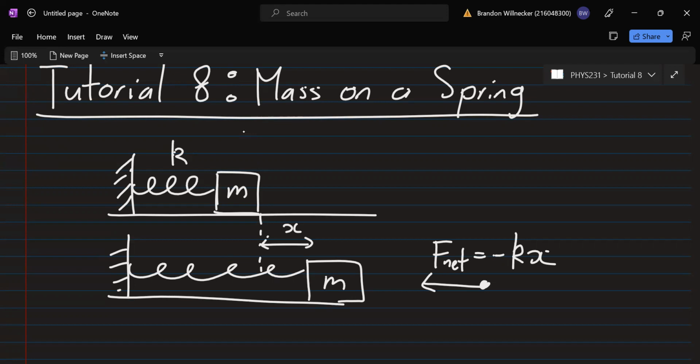So if we displace this mass to the right, like we're doing here, then the net force will be to the left so that it brings it back to equilibrium. If we compress the spring so that we're applying a force to the left, then Hooke's law says that the spring will try and expand again to bring the mass back to equilibrium, so the force will be to the right. So it's always in the opposite direction. That's why we got the minus sign there.